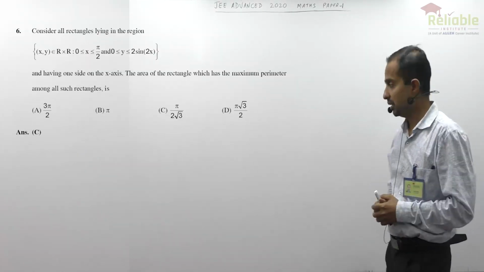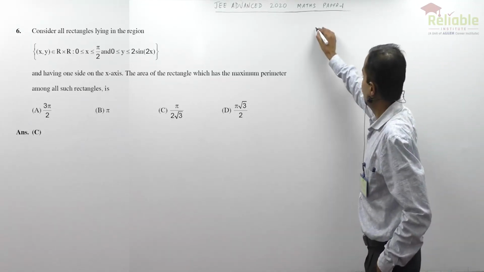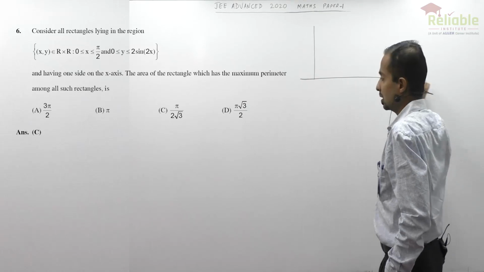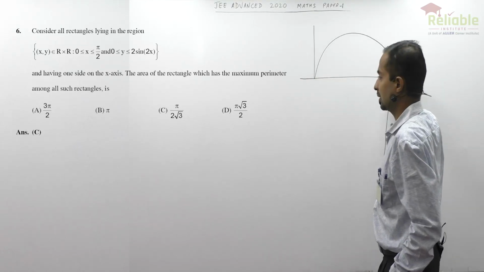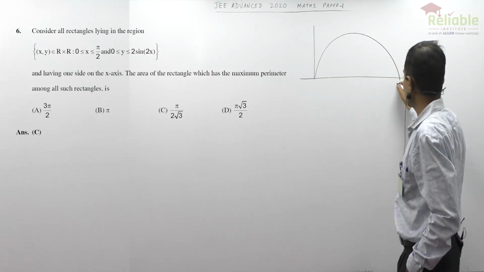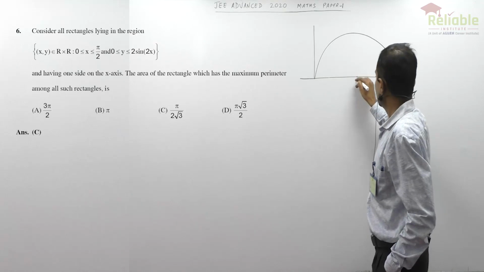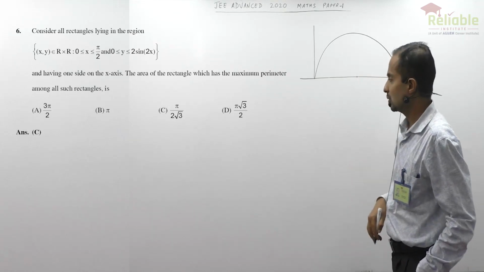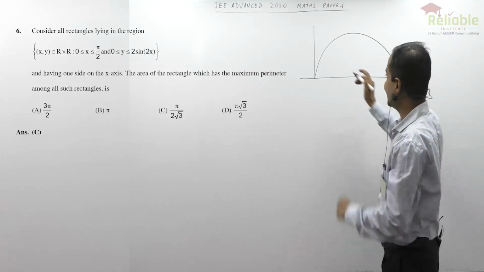So now it is the turn of 6. Question 6: we are given a curve, 2 sin 2x, right? And x lies between 0 and pi/2. So this is pi/4. Now a rectangle is being inscribed in this region.